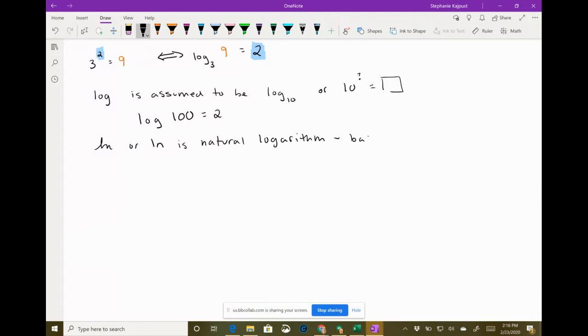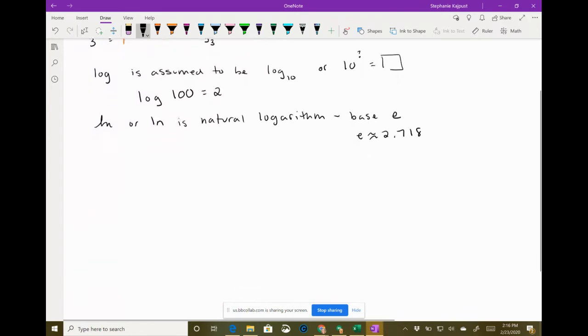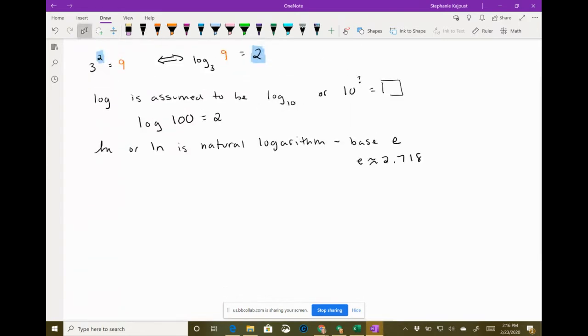And so this is base E, and E is about 2.718, I think, if I remember that value correctly. Let me verify. Yes, 2.718. And so that would be saying E to what power equals something. So E is our base.